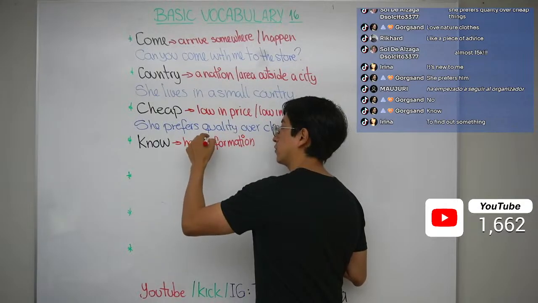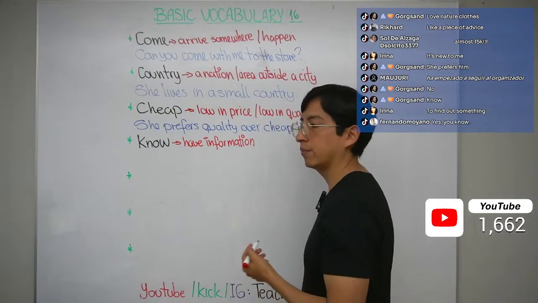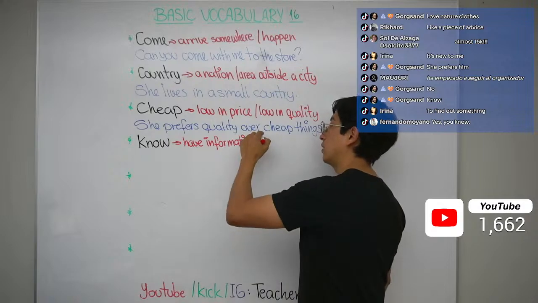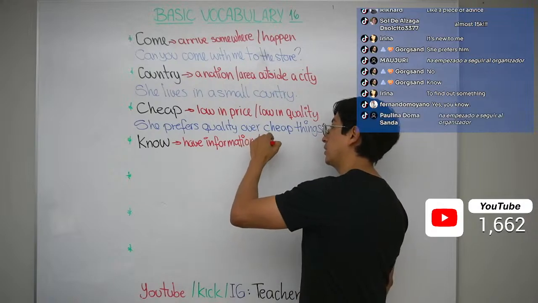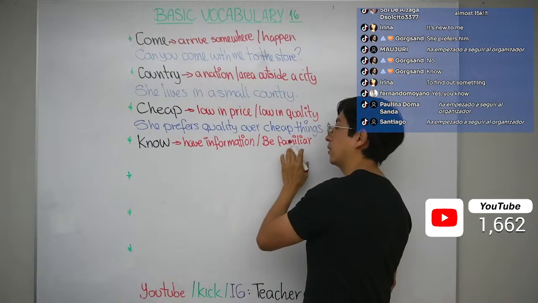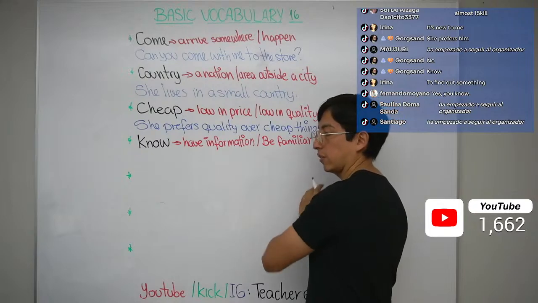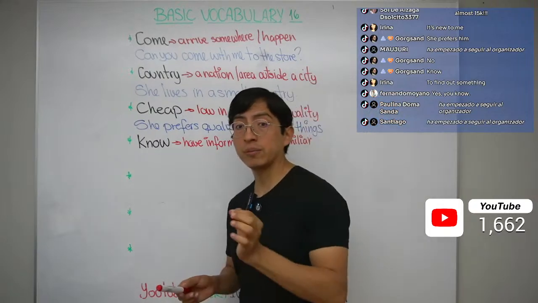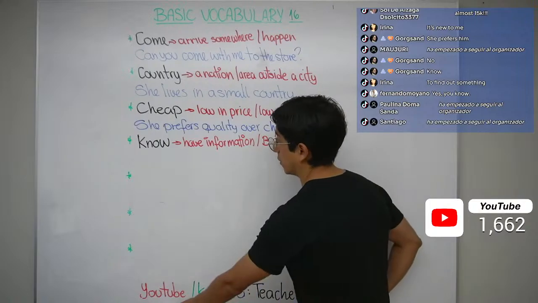Okay, this is the first meaning, to have information. And the other one is to be familiar with someone or something.